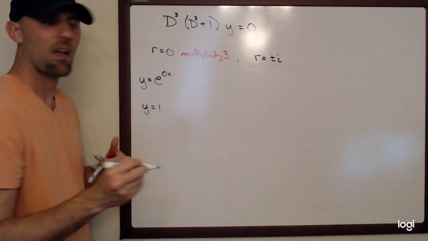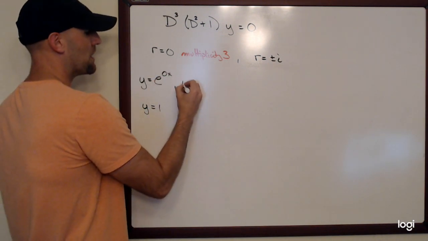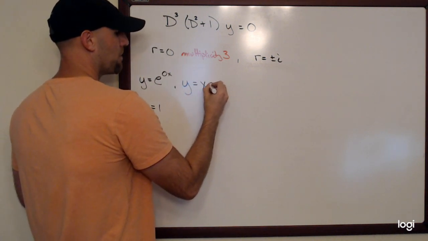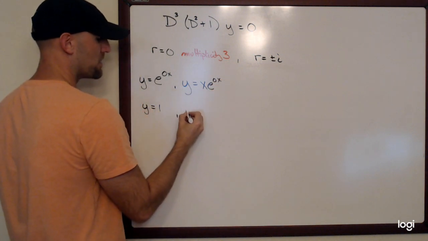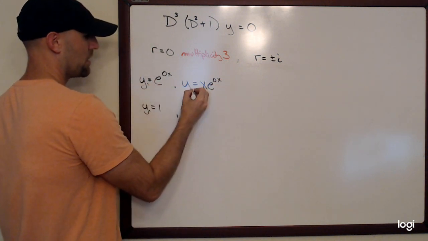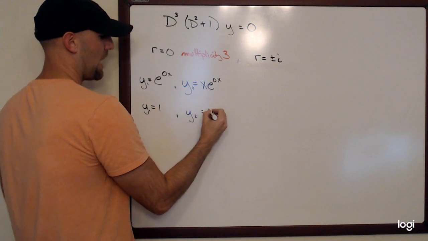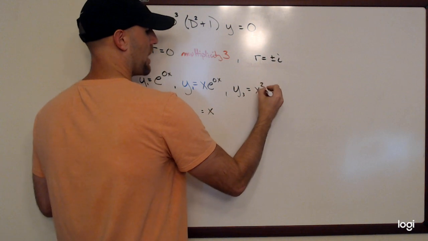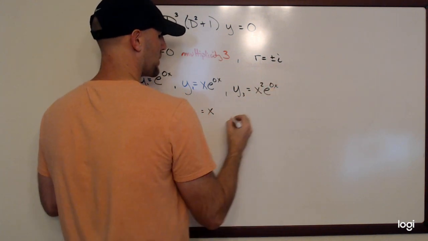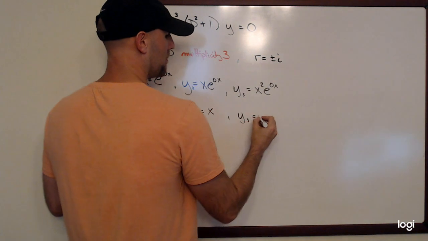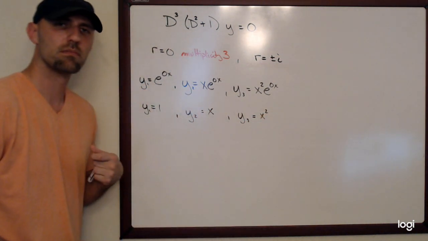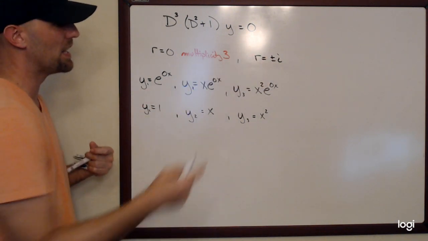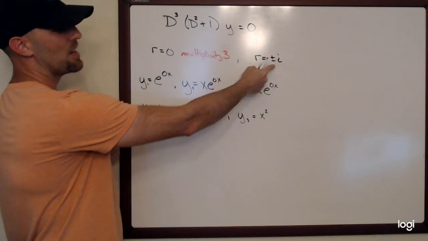Yeah? And then again, I've got a higher multiplicity, so my second solution for this particular root should be x e to the 0x. But then similarly, isn't that just x times 1? And then x squared e to the 0x, but that's just 1 times x squared. All right, fair enough. These, again, have multiplicity 1. That's a plus bi, where a is 0, b is 1.